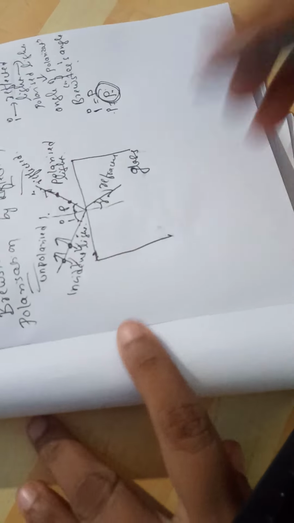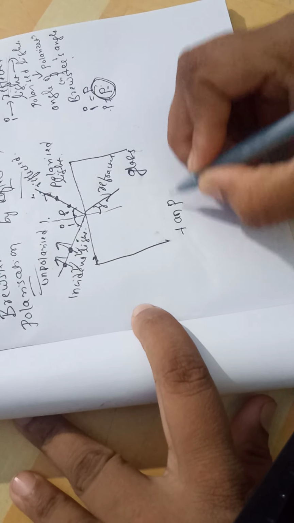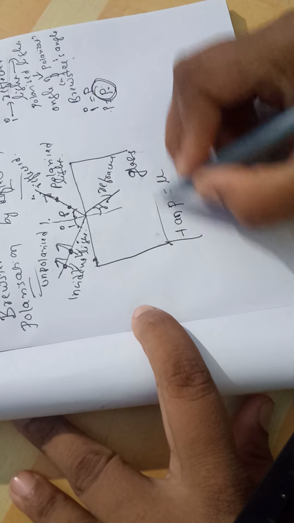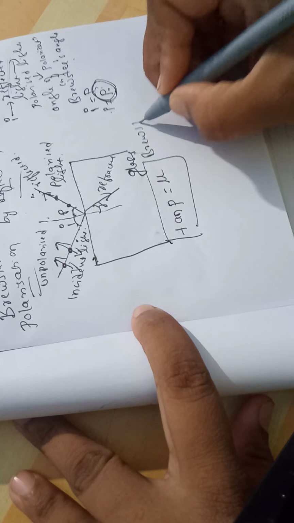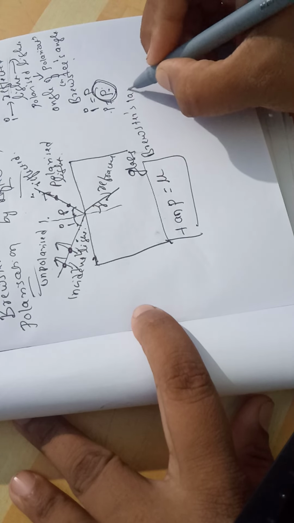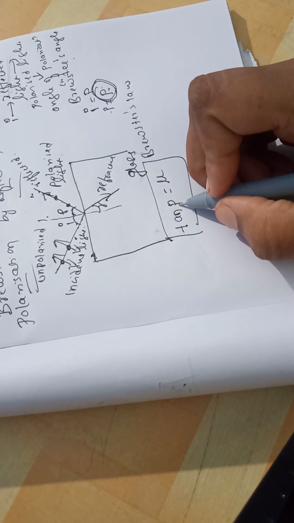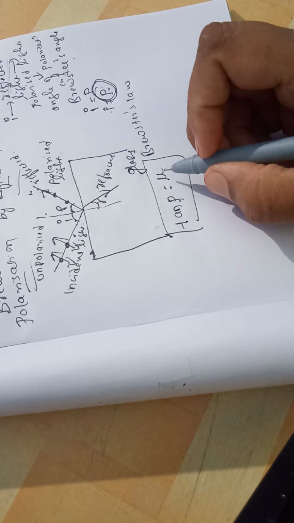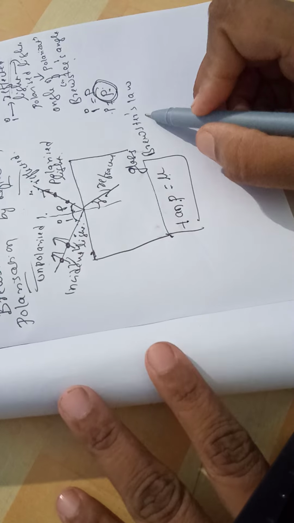Now Brewster was successful in proving that the tangent of the angle of polarization is equal to the refractive index of the medium. We call this Brewster's law.